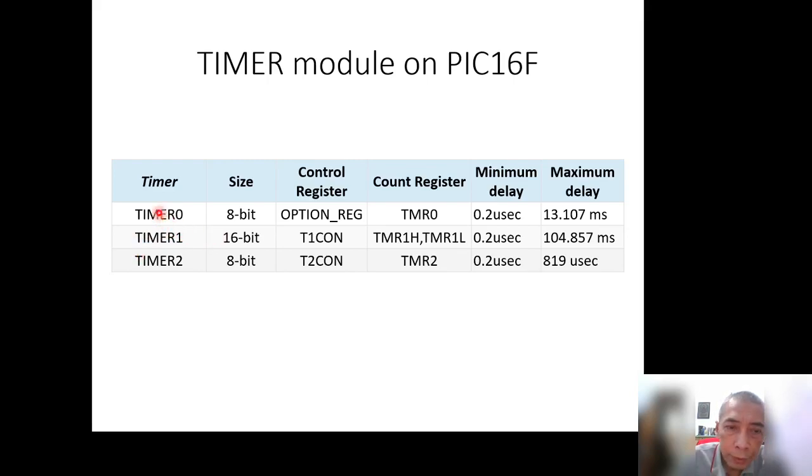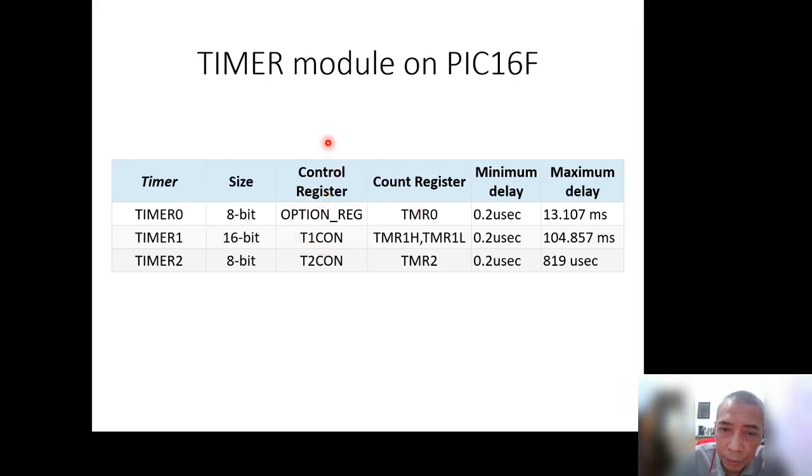Timer 0 is 8-bit and has its control register in OPTION_REG. It's different from the third timer, timer 2, also 8-bit, but with its control register in T2CON. And timer 1 is in T1CON.